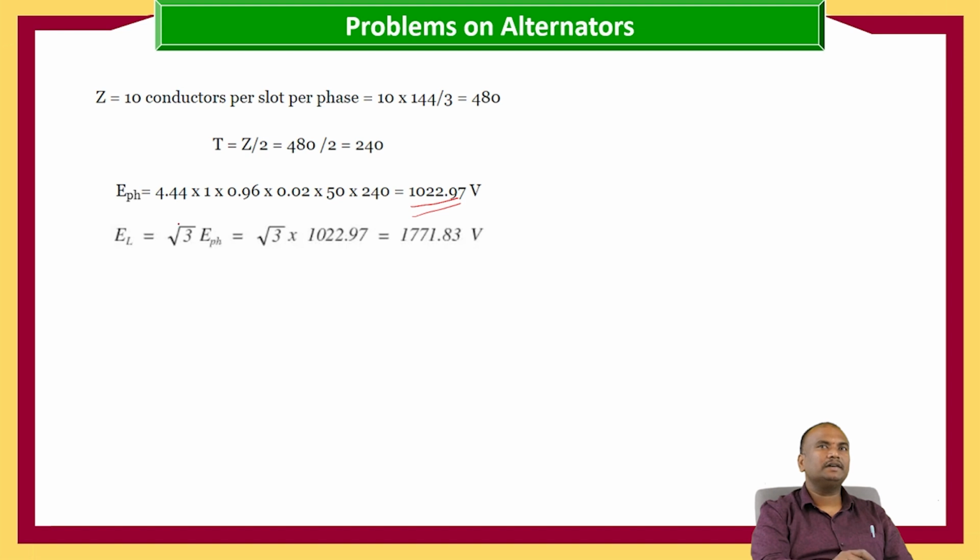This is the E per phase, and the line voltage is equal to root 3 into E per phase, which is equal to root 3 into 1022.97, which is equal to 1771.83 volts.